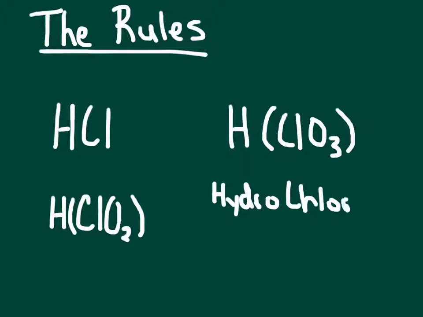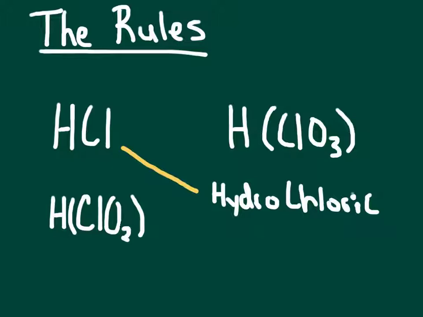Where for other compounds you'd add ide, for acids you add ic. Hydrochloric acid. That's this first one right here. If oxygen is present, you don't actually write the word hydro. That's one reason some of your acids are just sulfuric or chloric or whatever. If there is oxygen present, you don't write hydro.